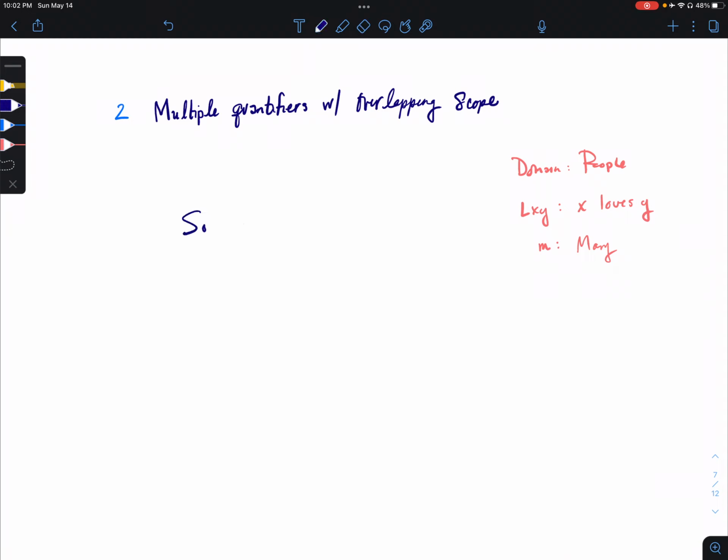Let's do someone loves Mary. How should we translate this? Well, this one does not require multiple quantifiers, much less multiple with overlapping scope, but there exists an x such that x loves Mary.